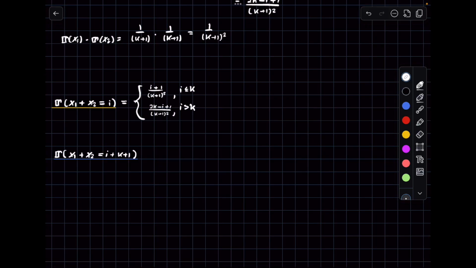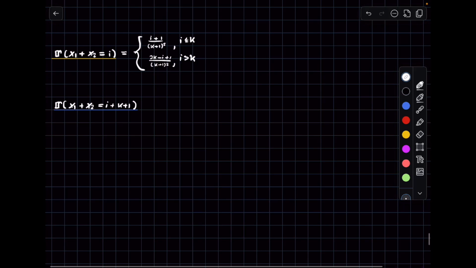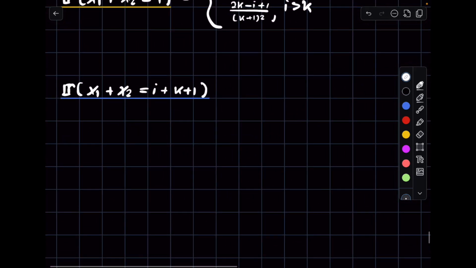Now we're going to do the same thing for the blue case, which is going to be quite interesting. So base case, where I plus k plus 1 is lower or equal to k.